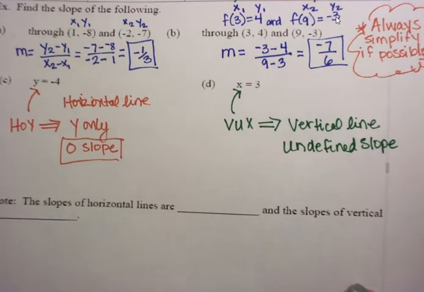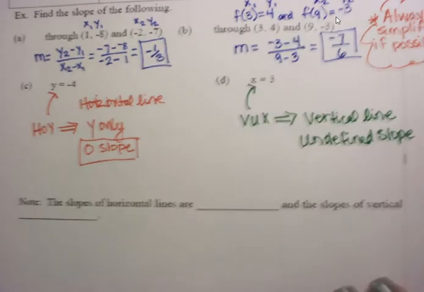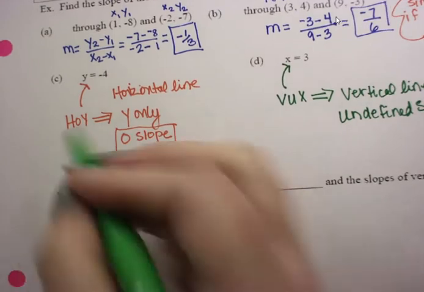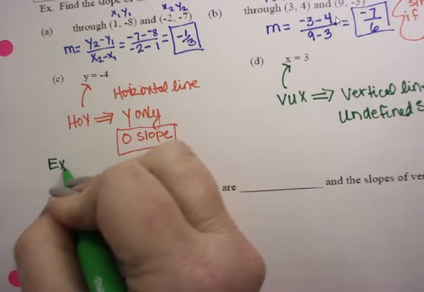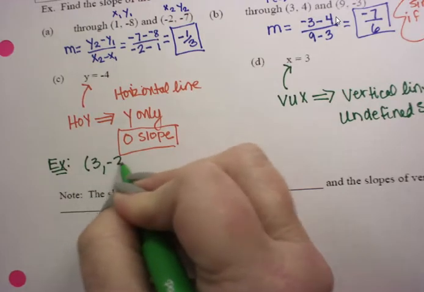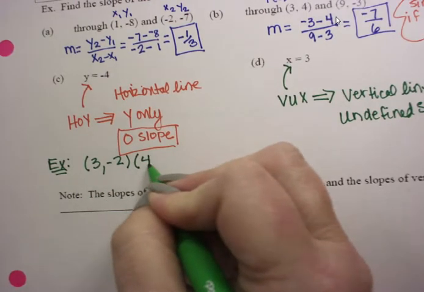Okay, now another example I wanted to show you. If they give you some questions, let's say, for example, they have that the points are 3, -2 and 4, -2.